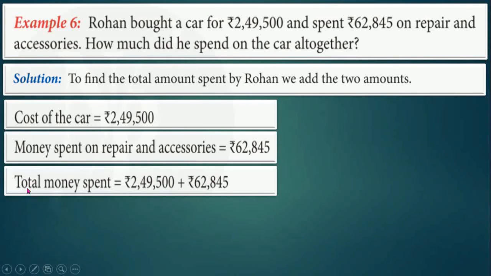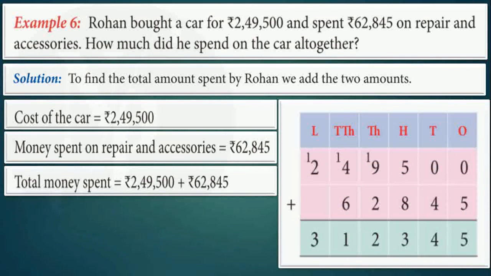Therefore, total money spent is equal to rupees 2,49,500 plus rupees 62,845. Let us add these numbers now to get the total amount.